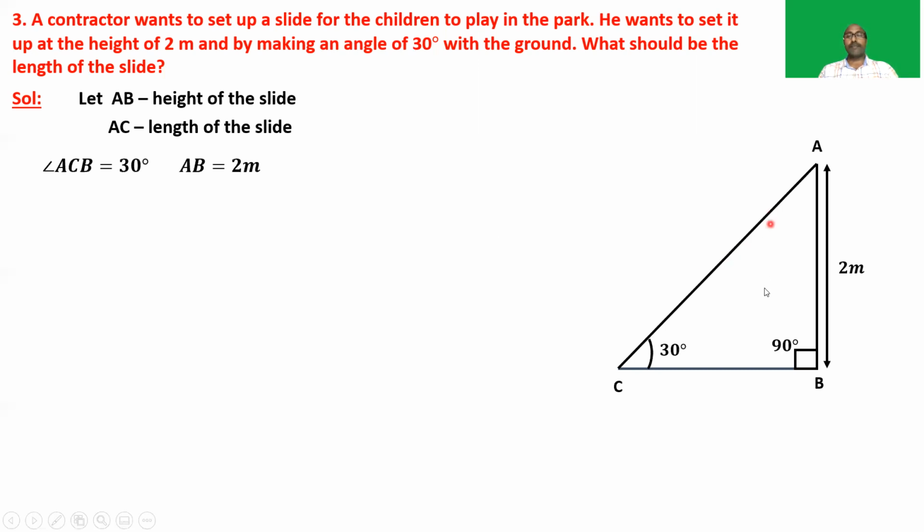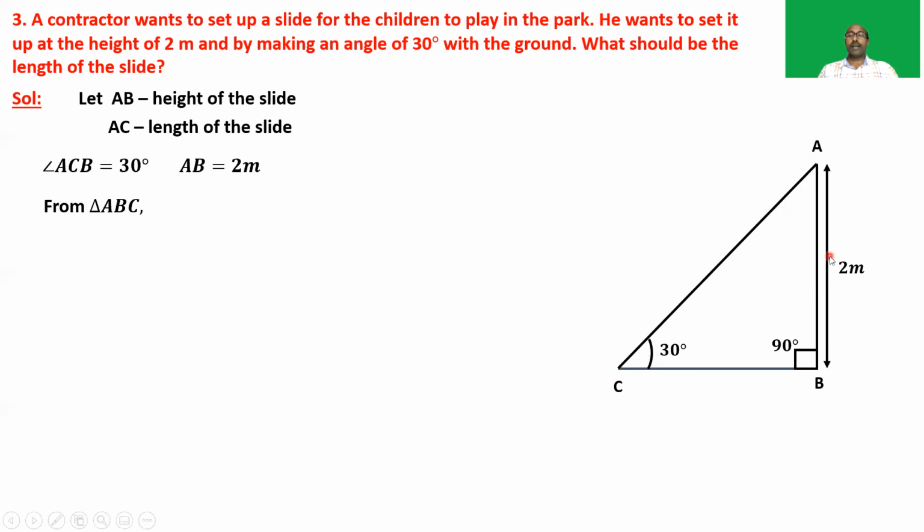And in this picture, with respect to the angle C, we have to find the hypotenuse, and the opposite side is given. So from this triangle ABC, the opposite is given and the hypotenuse is to be found.